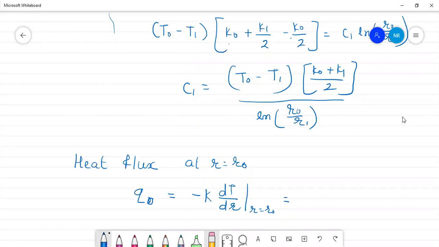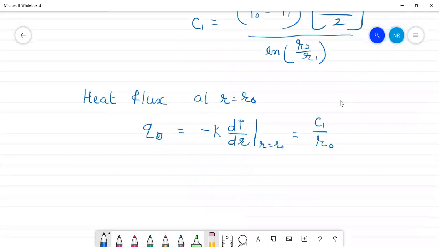That equation will be C1 divided by R, so R at R0, so C1 divided by R0. Let's put down the value of C1, so we'll find the value of Q0.